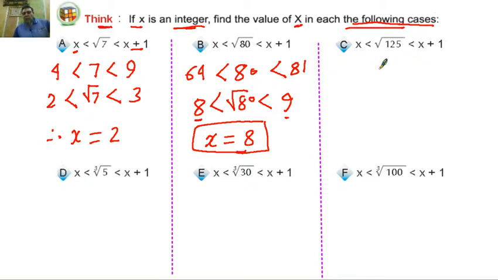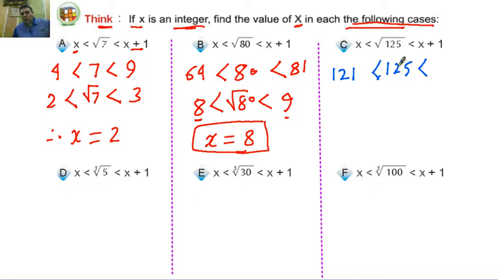The third question: we choose 125, which is greater than a perfect number and less than a perfect number. The perfect square less than 125 is 121.